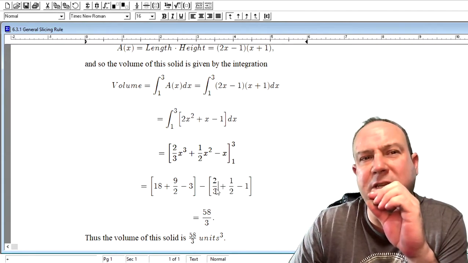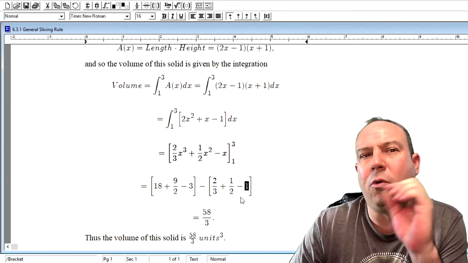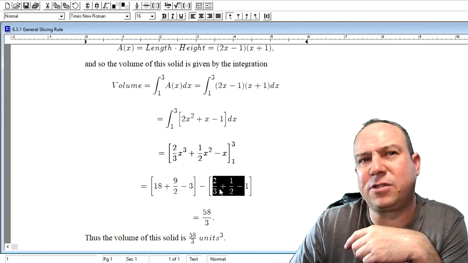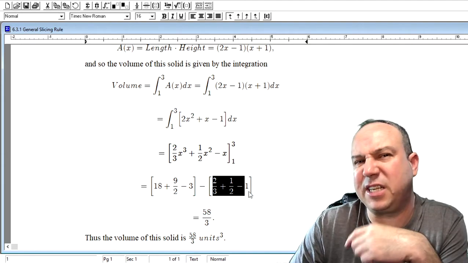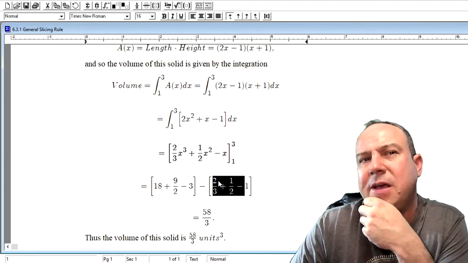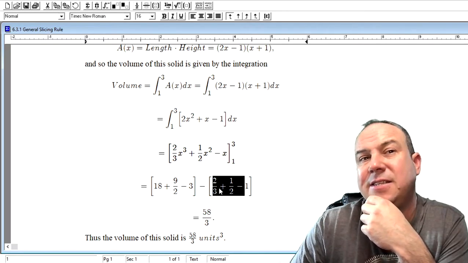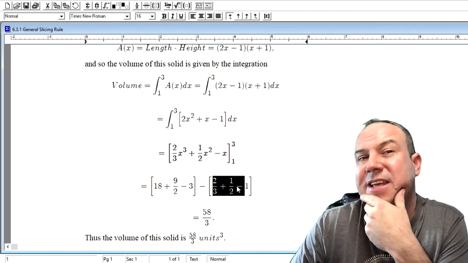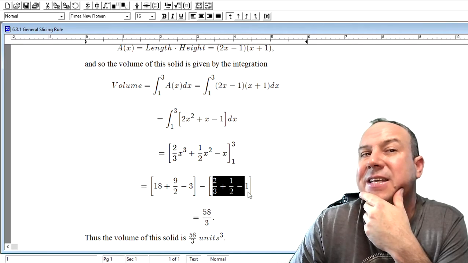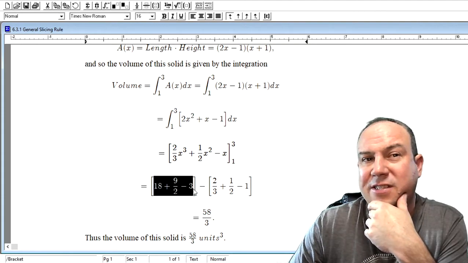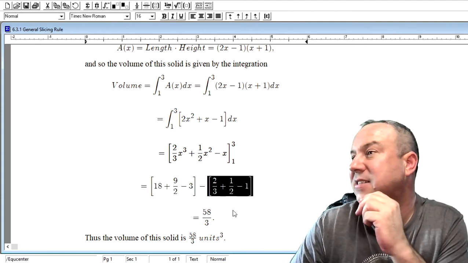But this then would be 2/3 plus 1/2 minus 1. Let's just see what that would simplify to. Certainly these are all sixths in their lowest terms. That would be 4/6 plus 3/6 is 7/6 minus 6/6, which is 1/6. So really this is 19.5 minus 1/6 in value.